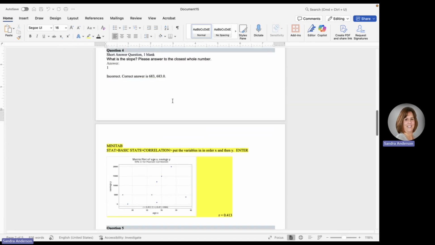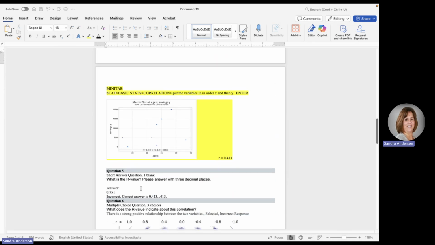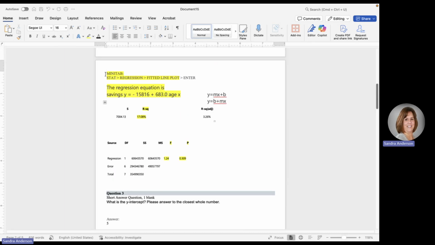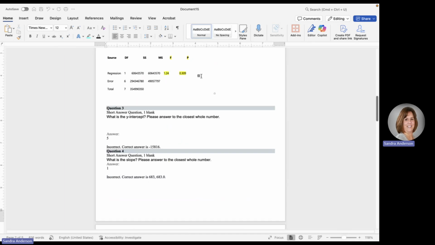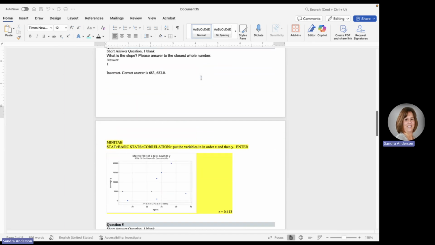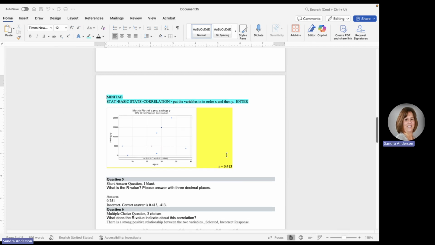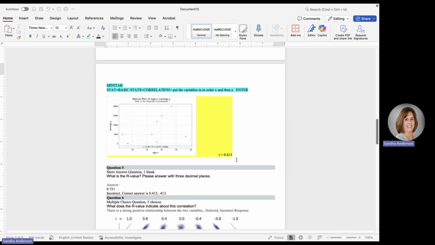Then if we come to the next question, it asks us what our R value is. To find the R value, you can find everything in the first Minitab steps under Stat, Regression, and Fitted Line Plot, except for our correlation coefficient for our sample, R. So to find R, you will go to Stat, Basic Stats, and click on Correlation, and it will give us R, which again is our correlation coefficient for our sample.